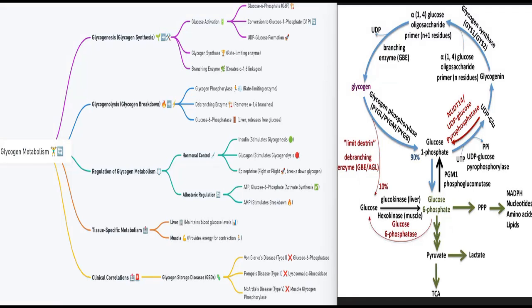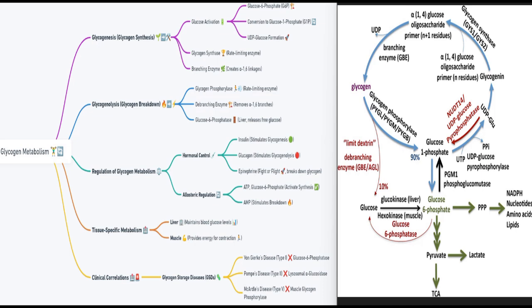With the mind map on glycogen metabolism, we'll try and brainstorm and remember the general aspects of glycogen, the pathway of glycogen storage, UDP glucose formation, enzymes involved in glycogen synthesis, and also the pathway of glycogen degradation, the structure and properties of glycogen, the synthesis of UDP glucose, and its role as a precursor in a number of metabolic pathways, including glycogen synthesis, and also the steps and enzymes involved in glycogen synthesis and degradation.